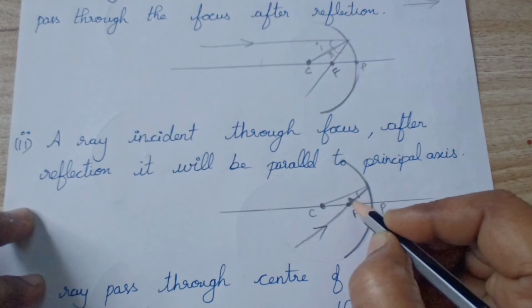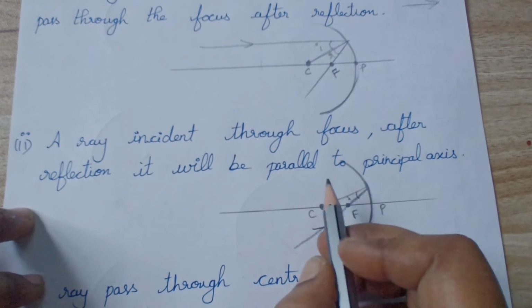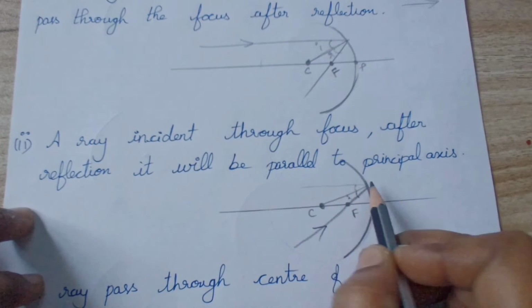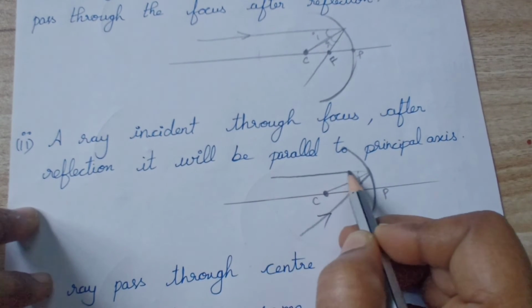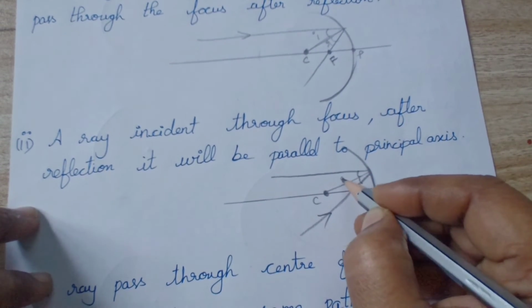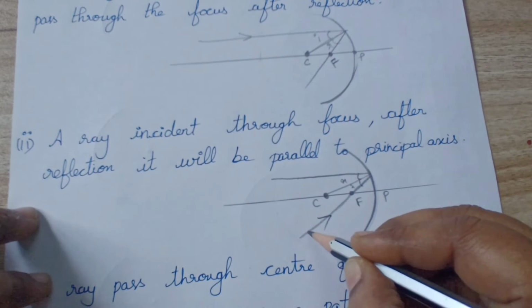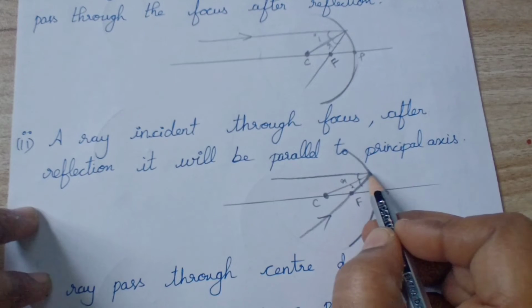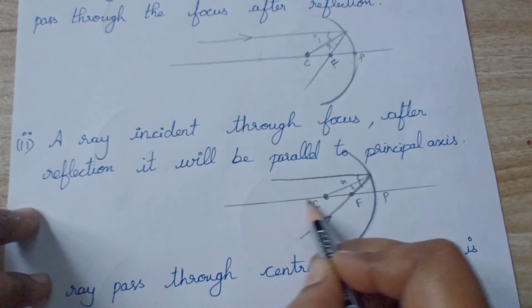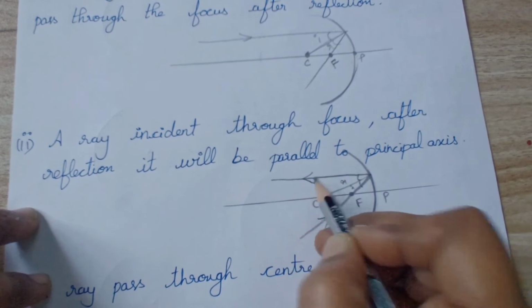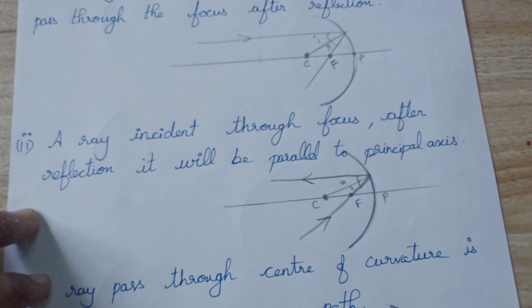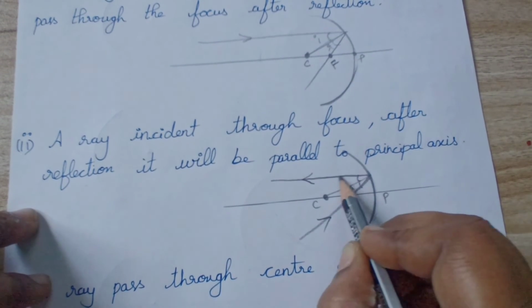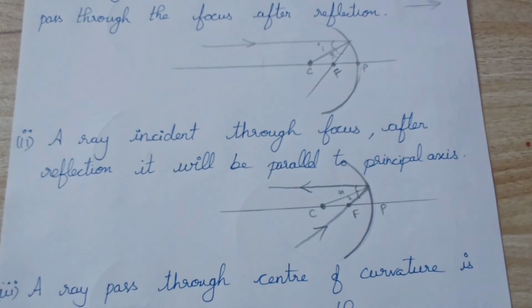So this is your angle of incidence, and what will be your angle of reflection? The same angle, it will be here. So this is your angle of reflection. When the ray of light is incident through the focus point, it is reflected back parallel to the principal axis. Clear on this? When it passes through the focus, it will be reflected back parallel to the principal axis.